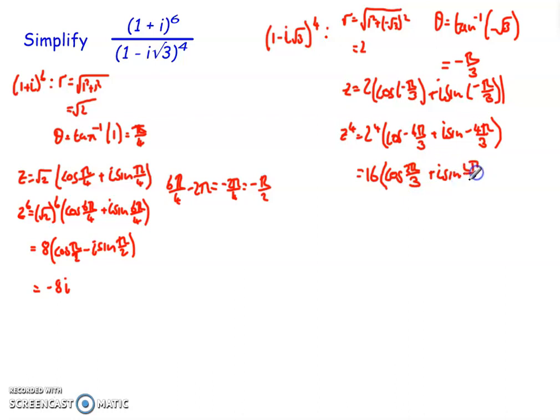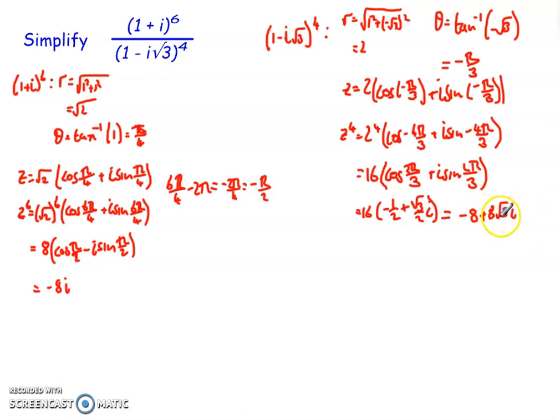2 pi by 3. And if I calculate each of those and multiply out the bracket, what I'll end up getting is 16 bracket negative a half plus root 3 over 2 i. I can multiply out the bracket for that, and I get negative 8 plus 8 root 3 i.